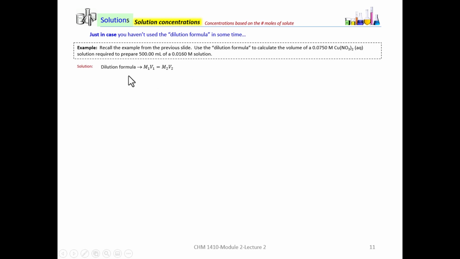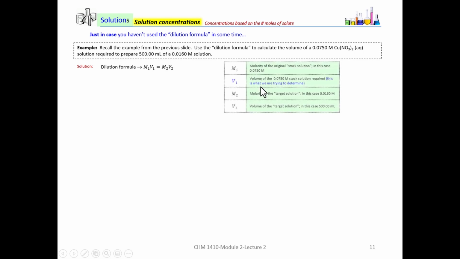Well, the dilution formula has the form M1V1 equals M2V2, where M1 here would be the molarity of the original, what we call stock solution, in this case the 0.075 molar solution that they put in front of you. V1 would be the volume of that stock solution required to make your target solution, and so V1 is what we're trying to determine.